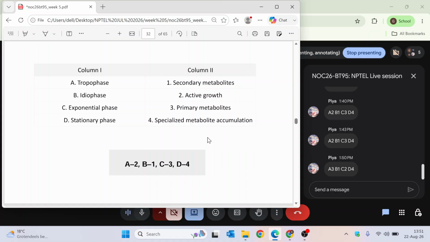Okay, when we talk about exponential phase, there is going to be active growth in the exponential phase.